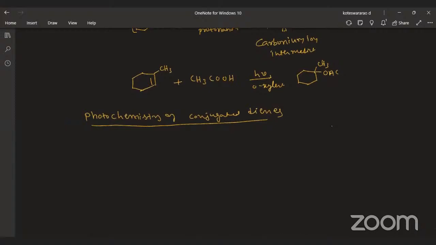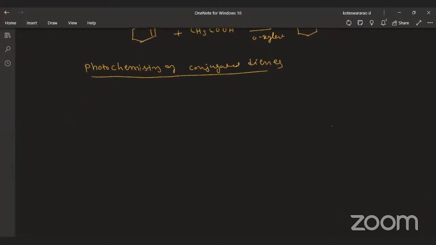First, you need to know what conjugated dienes are. This is 1,3-butadiene.